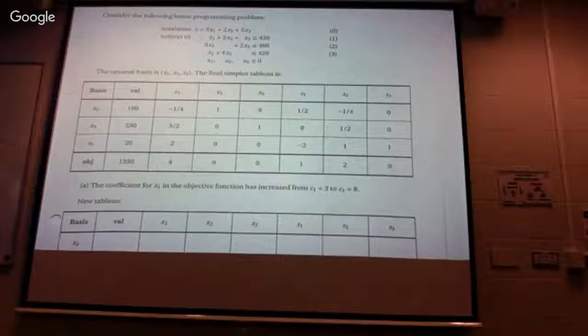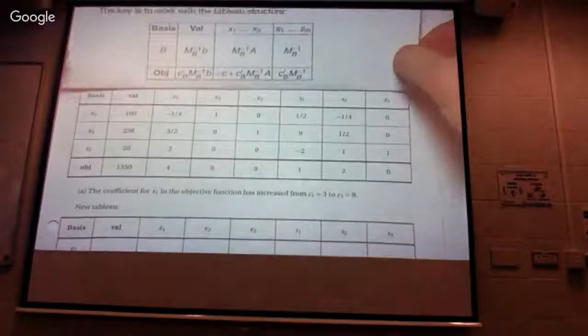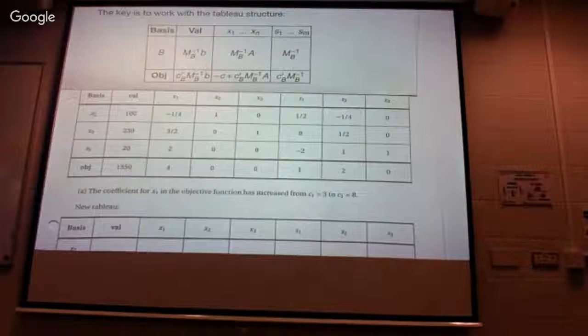So this is the tableau. If we change the objective function somehow, what's going to change in this tableau when you look at it?